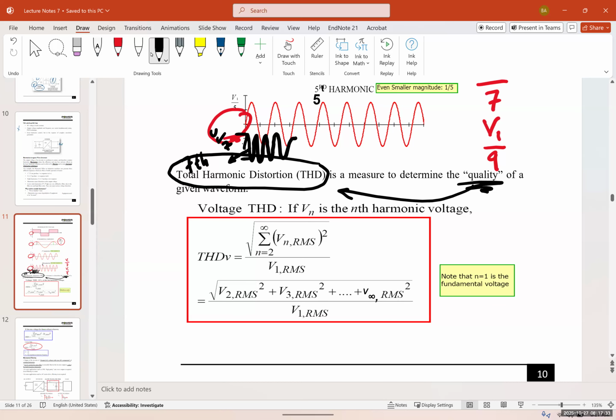Now, we can measure the total harmonic distortion for the voltage, or we can measure it for the current.